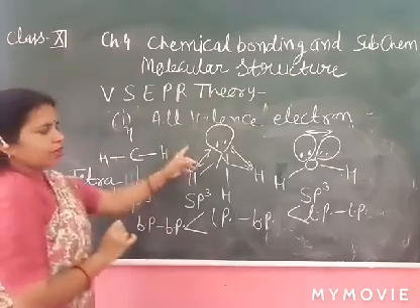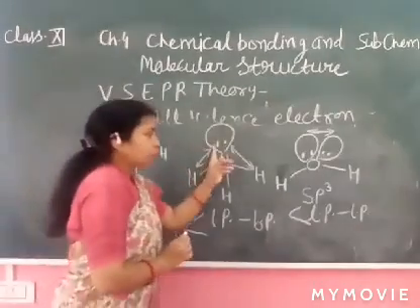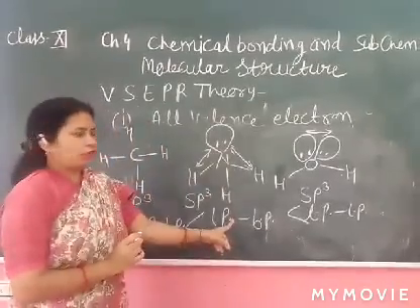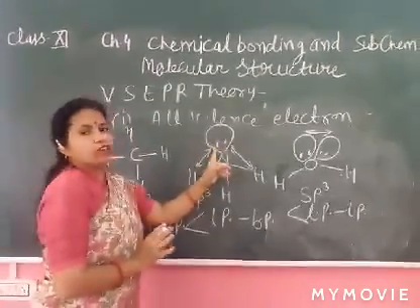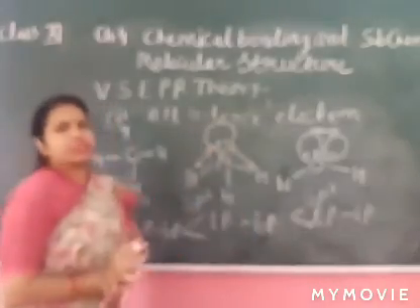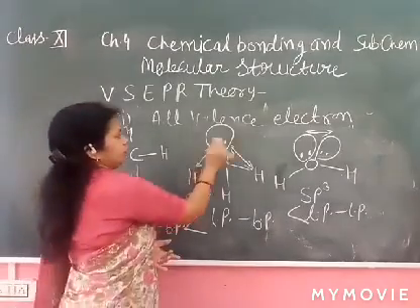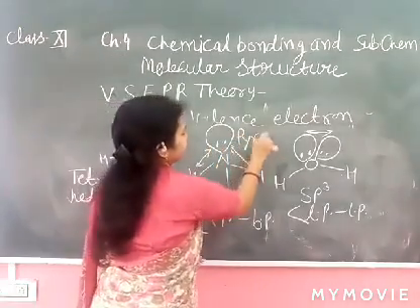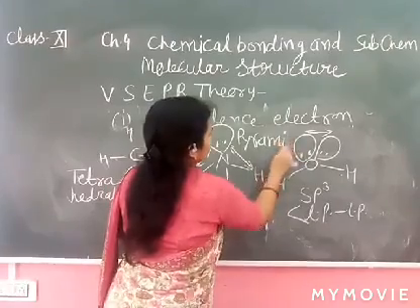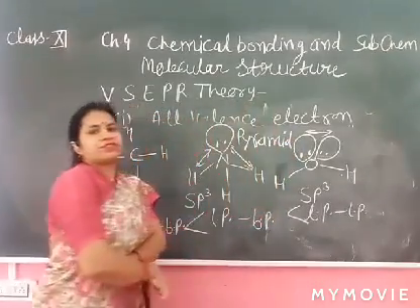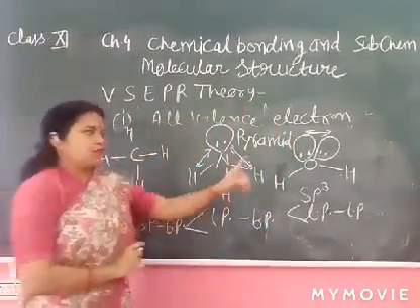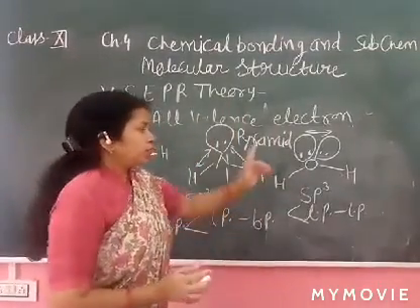Now ammonia: due to distortion by the lone pair and bond pair repulsion, the structure is distorted into a pyramidal shape. Now H2O has one extra lone pair.